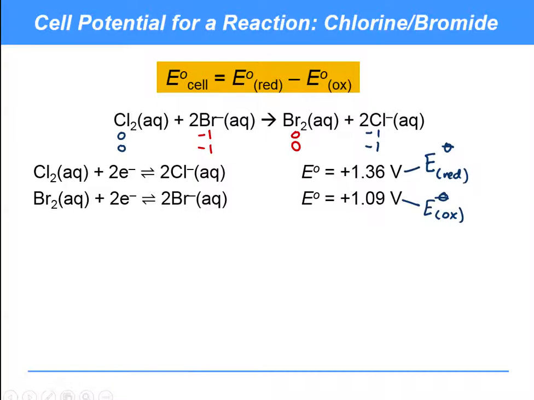Now it's really important, if you're following this method, that you never ever flip any signs of these. I know that the reverse reaction is happening here, but don't be tempted to put a minus sign here. You will get it wrong.